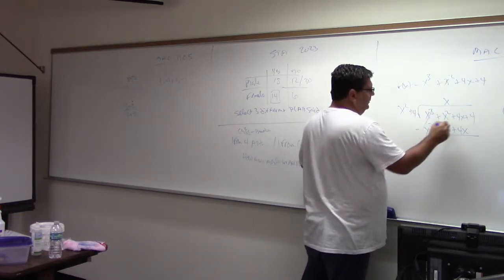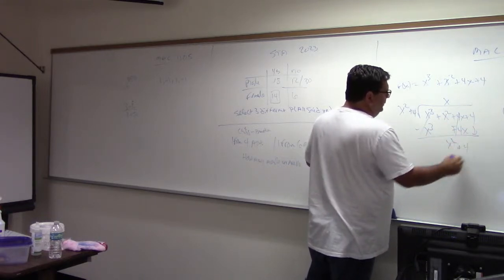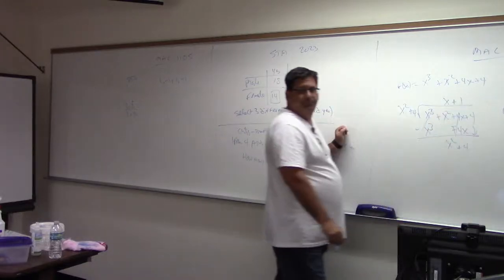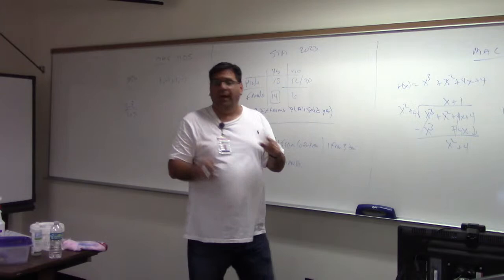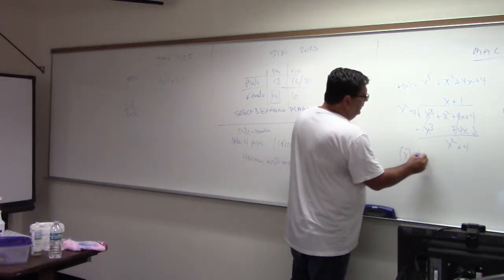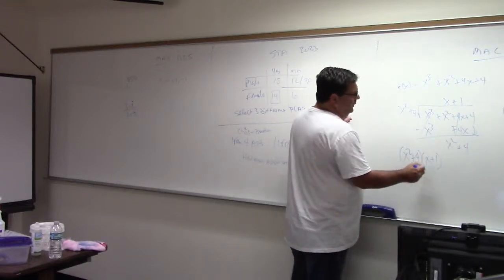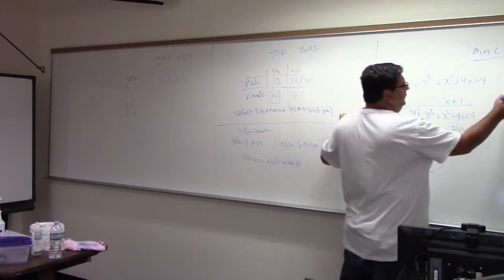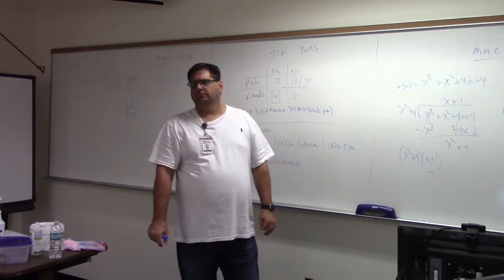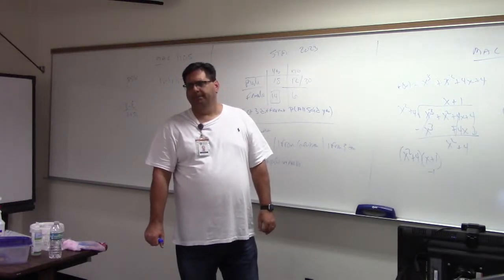This cancels, this cancels. You drop down the x squared and 4. X squared goes into x squared one time. So your factored form is x squared plus 4 and x plus 1. That leads you to negative 1 being the other final answer. Does that make sense? That's pre-calculus.